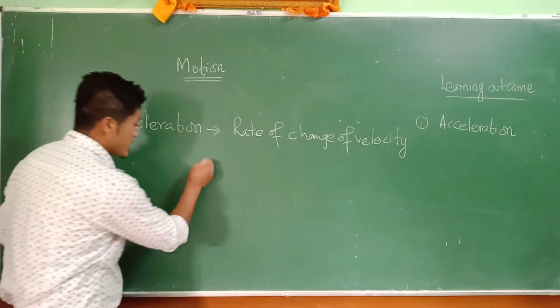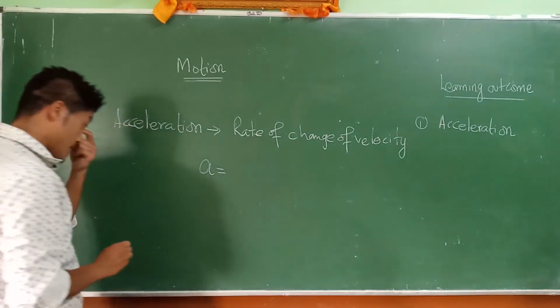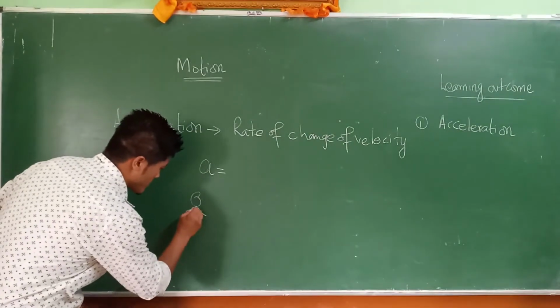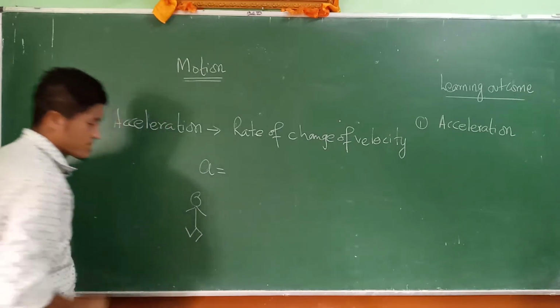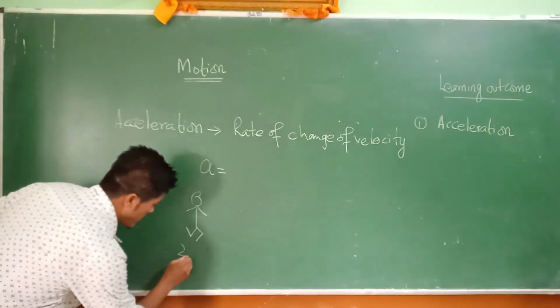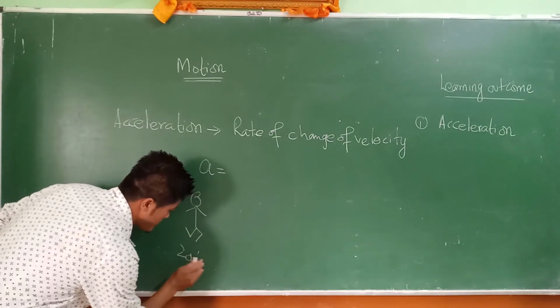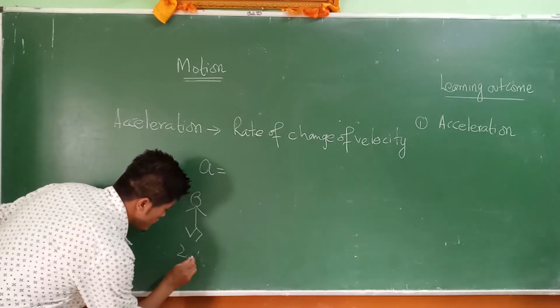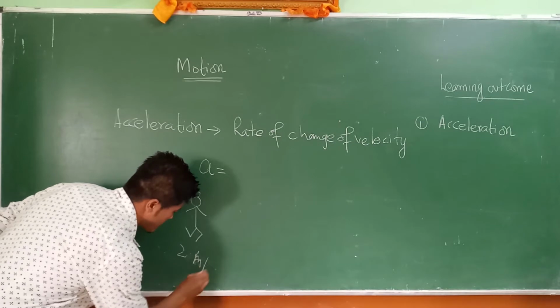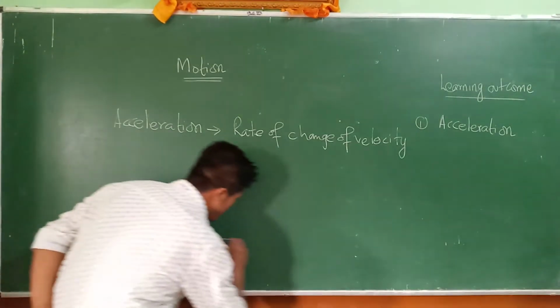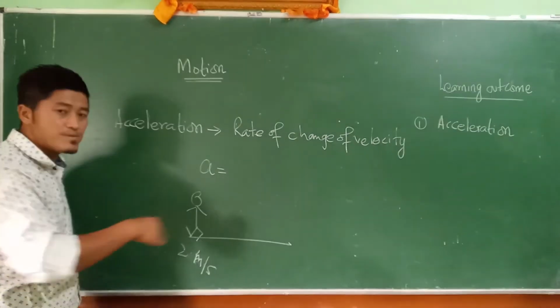For example, now let us imagine there is a person who is running at a velocity of, let's say, 2 meter per second. Now suddenly what happened? This guy speeds up, right?